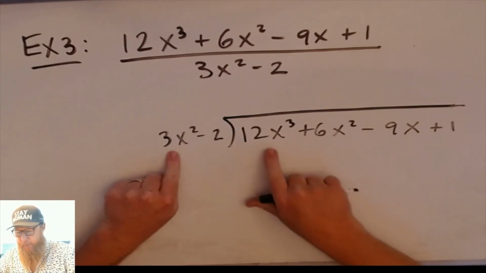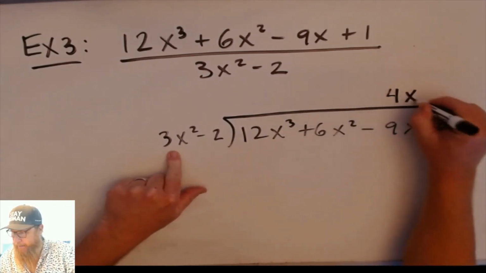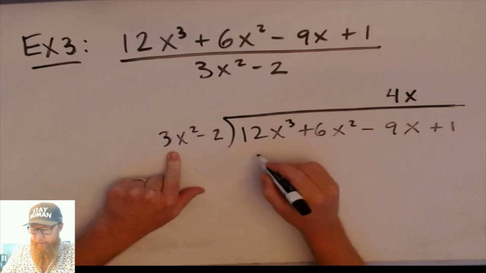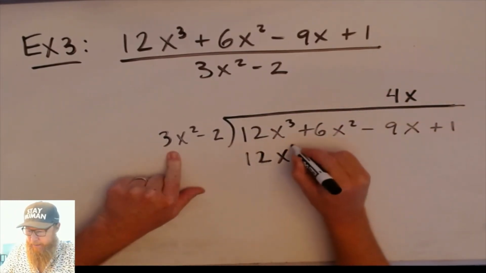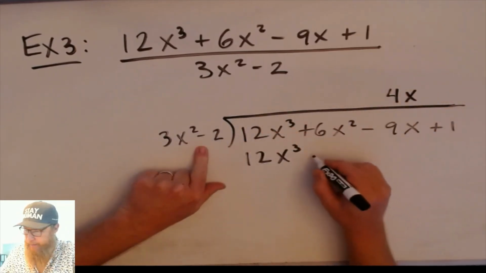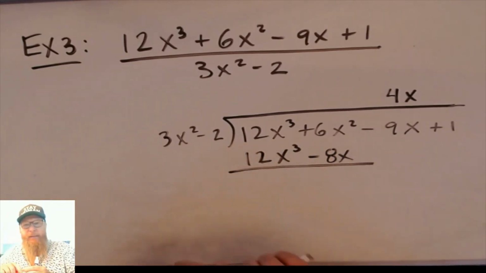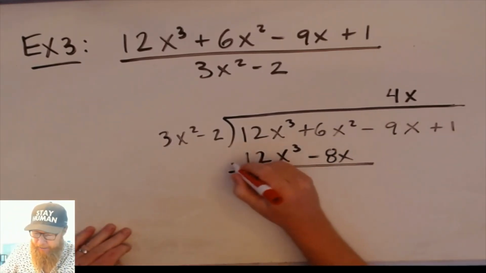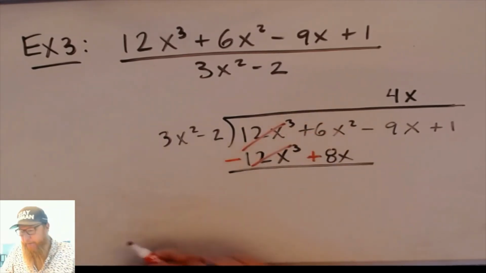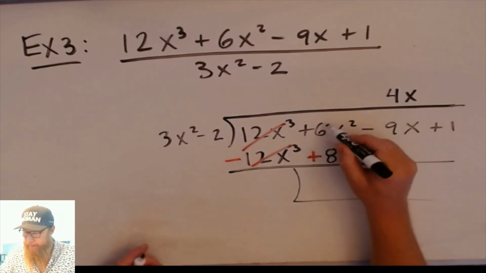So 3x squared goes into 12x cubed 4x times. 4x times 3x squared is 12x cubed. 4x times negative 2 is negative 8x. Comes the subtraction, so negative 12 and then positive 8. Kill the leader and repeat.